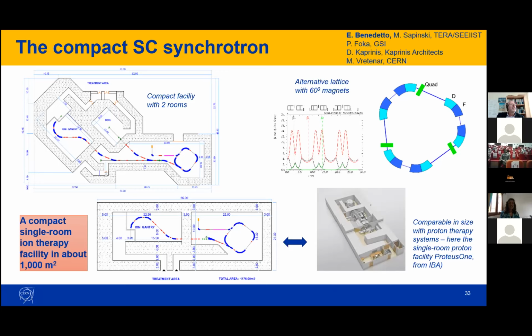Recently, our colleague Elena Benedetto has developed a design for a triangularly shaped synchrotron that you can see here, and this is the kind of direction that we want to explore over the next years of research.